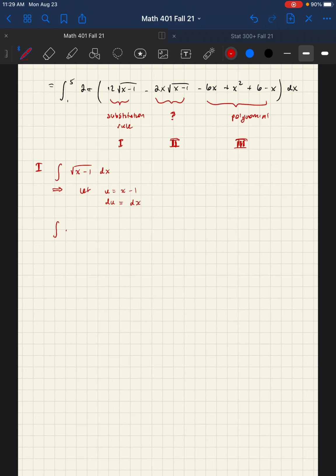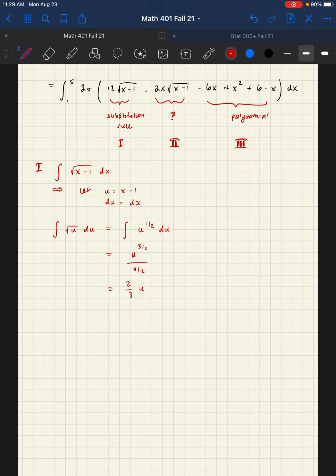And when we plug it back in, that means that the integral becomes the square root of u times du, which of course is u to the 1/2 times du. And so if you use the power rule, then it's not too bad, right? The power will become a 3/2 because you add 1.